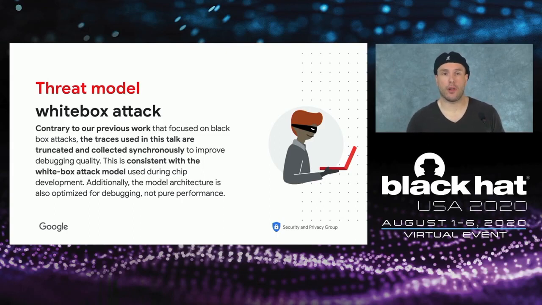As a result, we are simplifying the attack by using synchronous capture, which means we are using the internal clock of the target to capture the trace. It makes it easier because we have traces which are perfectly aligned, which you don't have in the black box setting. We are also reducing the number of points in the trace that we are capturing because we know that we only need the first round and a half or something like that.